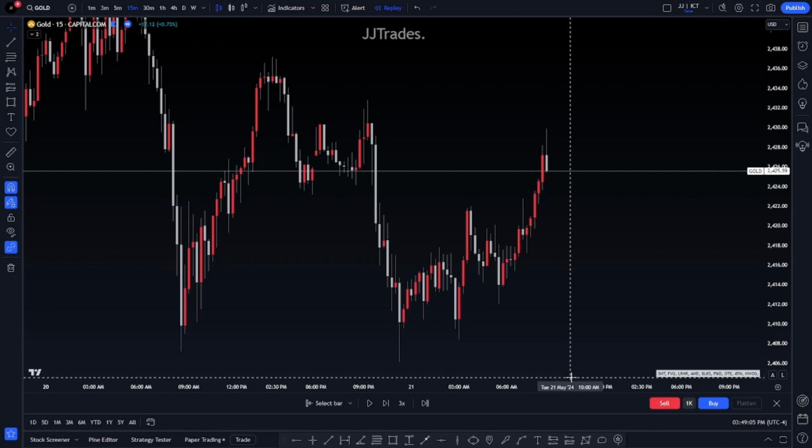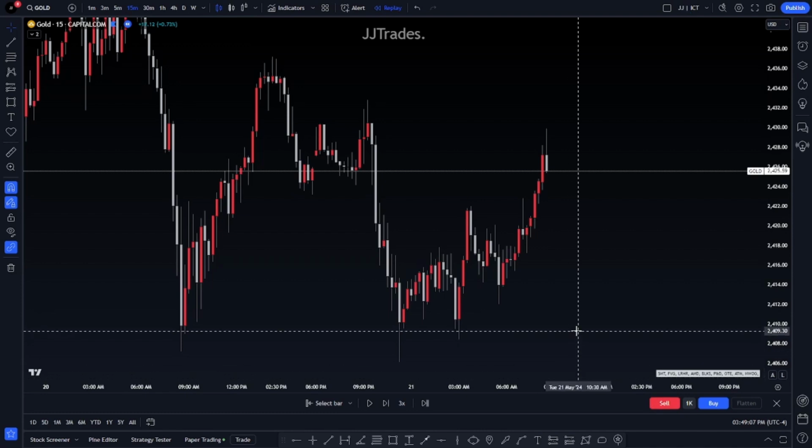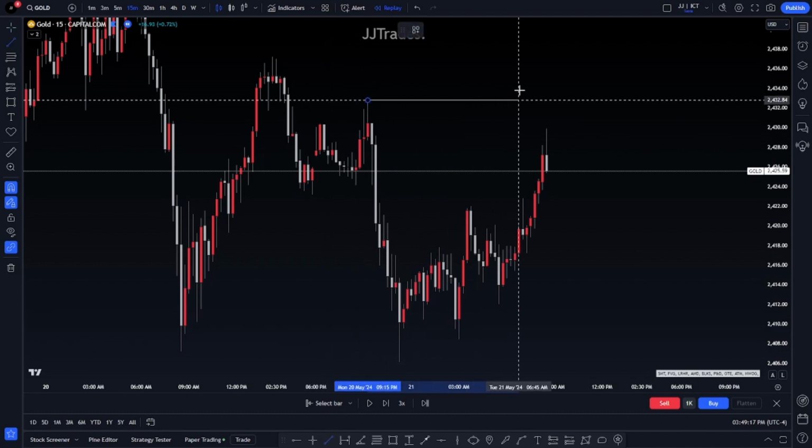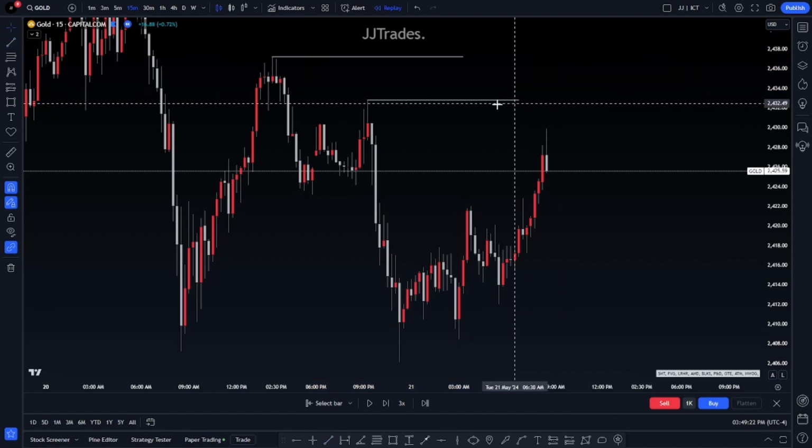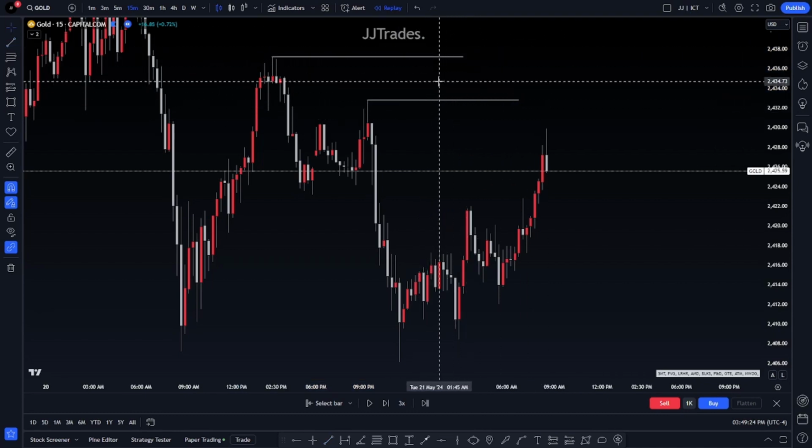So with a bearish break of structure, the first step is you want to see a sweep and or purge of buy side liquidity. So we do notice these two highs here, this high and this high. Like I said before, both of these highs do not have to get swept. At least one has to get swept.